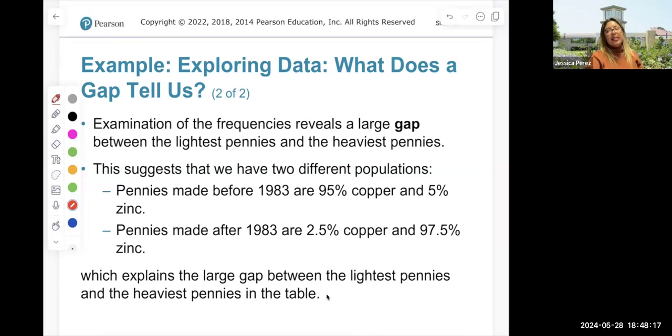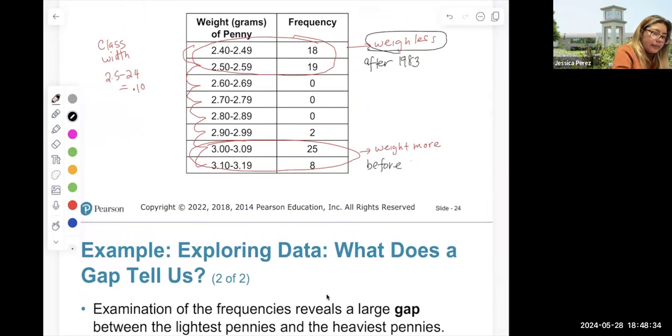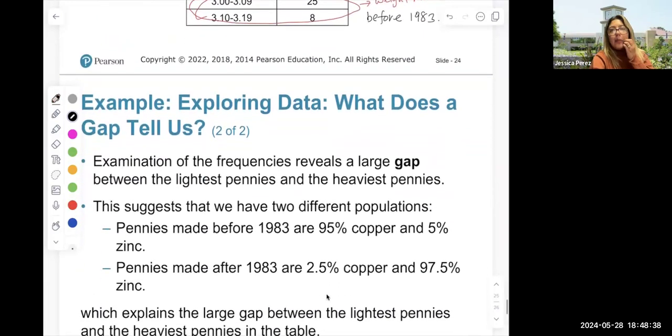So this explains the gap between the lightest pennies and the heaviest pennies on the table. On the top, when they're weighing less, these are the pennies made after 1983. These are the ones before 1983. That's why there's such a large gap.